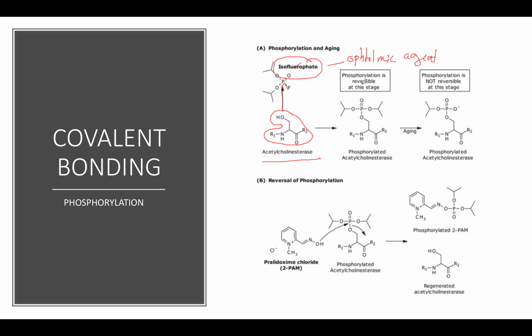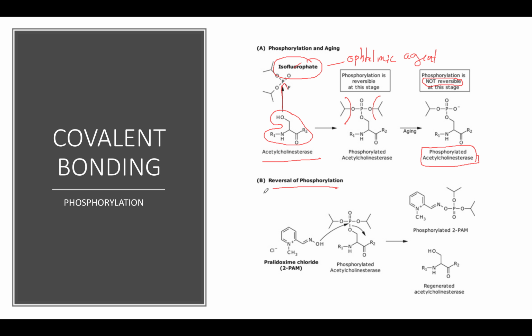Now, hydrolysis of either of the isopropyl groups is then going to lead to a phosphorylated acetylcholinesterase that is not reversible. So at this stage, phosphorylation is not reversible.